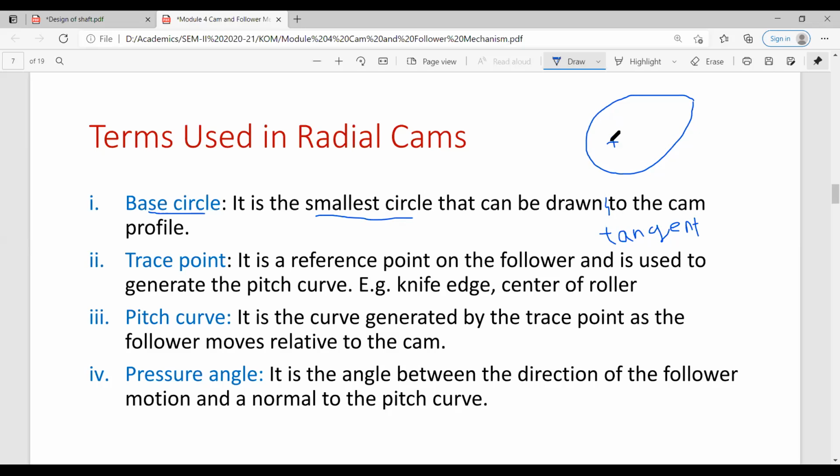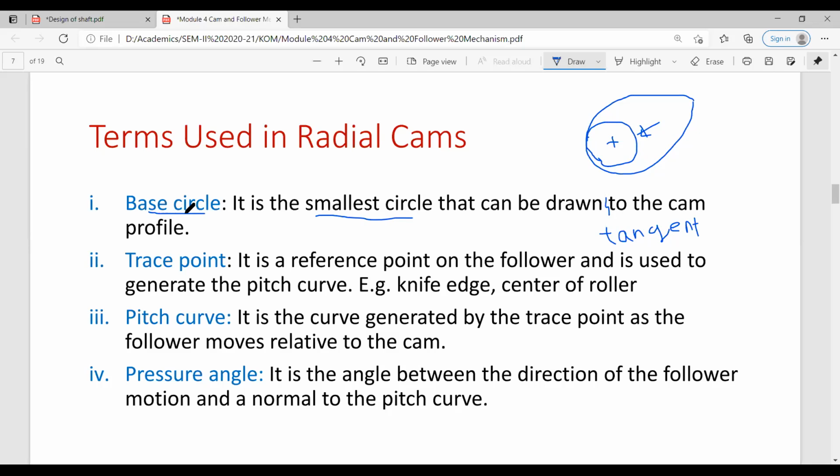Suppose I measure and find that here is the point which is closest to this point. I will take this as the radius and draw a circle like this. So this particular circle which I draw is my base circle. Getting the concept? Yes, sir.